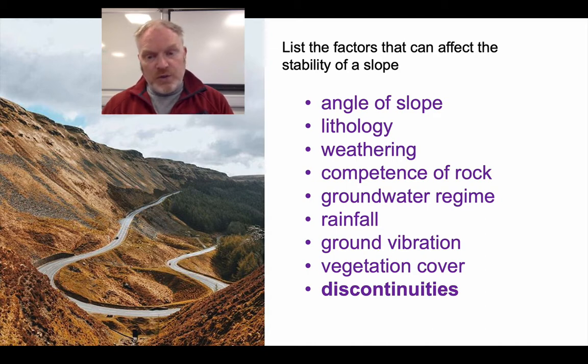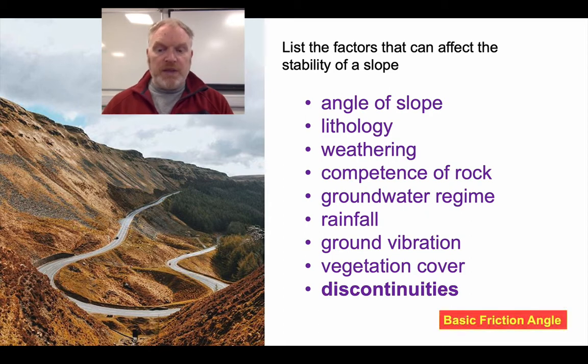And we summarize these ideas about the strength of discontinuities by talking about an idea called the basic friction angle. Now, there's a different video which explains basic friction angles. But to put it simply, the basic friction angle measures the maximum angle at which a slope will be stable.